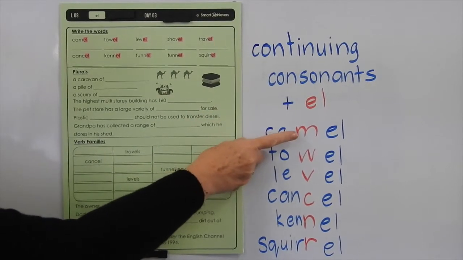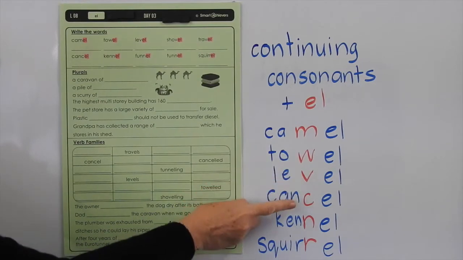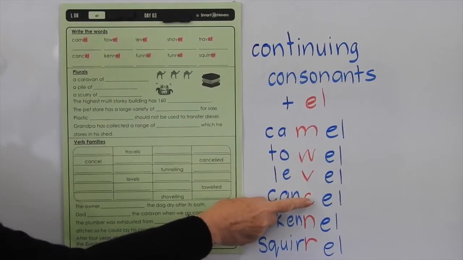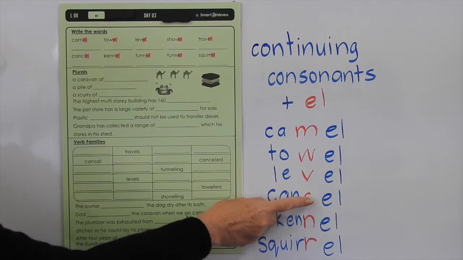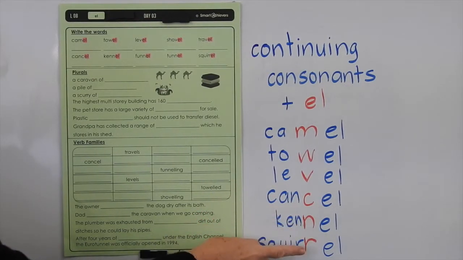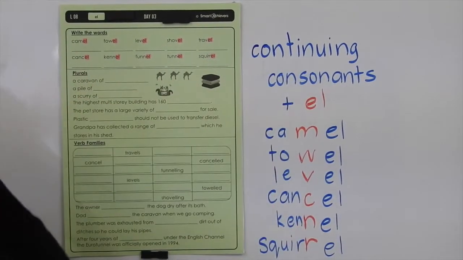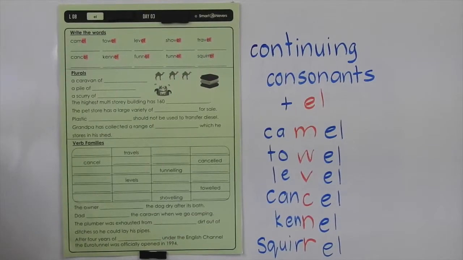So the continuing consonants are w, v, s, and the C is making its soft sound s because it has an E after it, n and l. So they all continue when we say them. That's why we call them a continuing consonant.